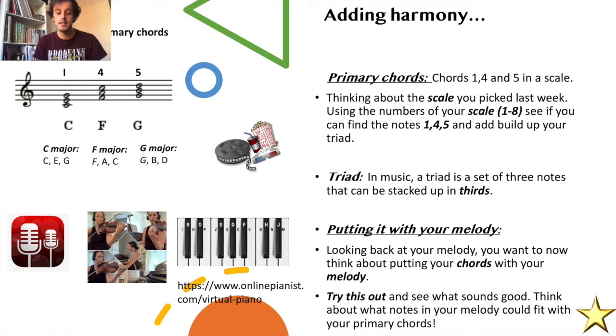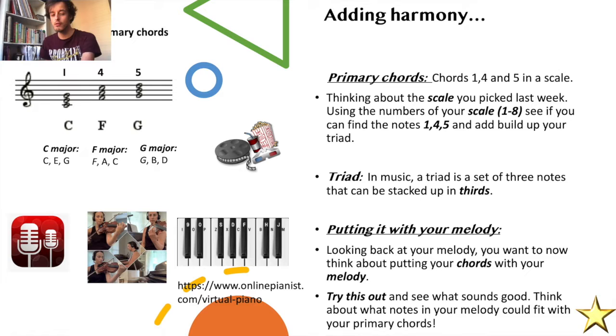Okay, so something that's really, really basic and really important are primary chords when you're adding harmony to something, and they're chords 1, 4 and 5 in a scale. So for example, last week when you picked your scale, think about the numbers of your scale. If we're using C major, you've got 1, 2, 3, 4, 5, 6, 7, 8.